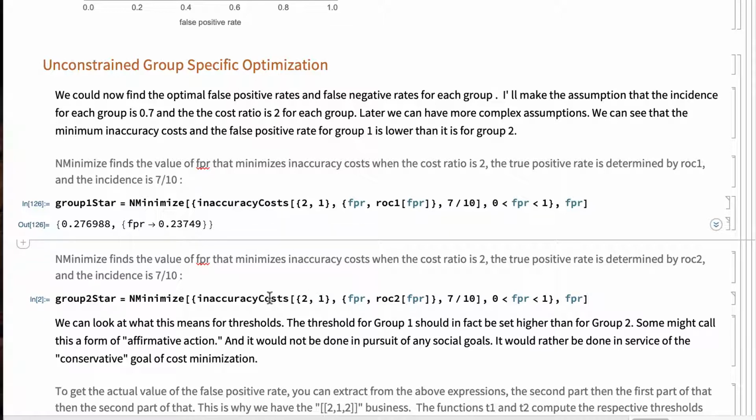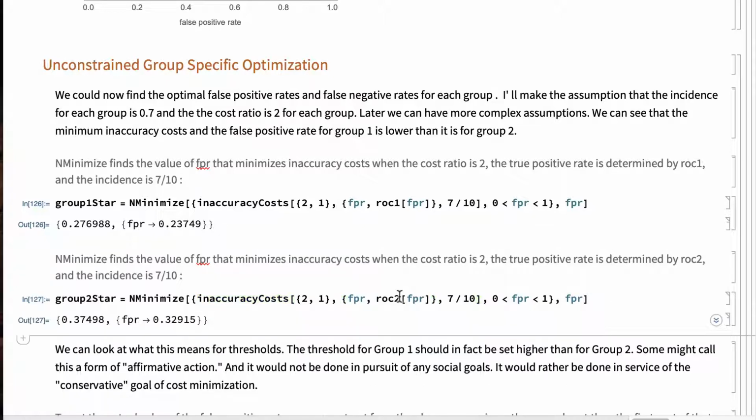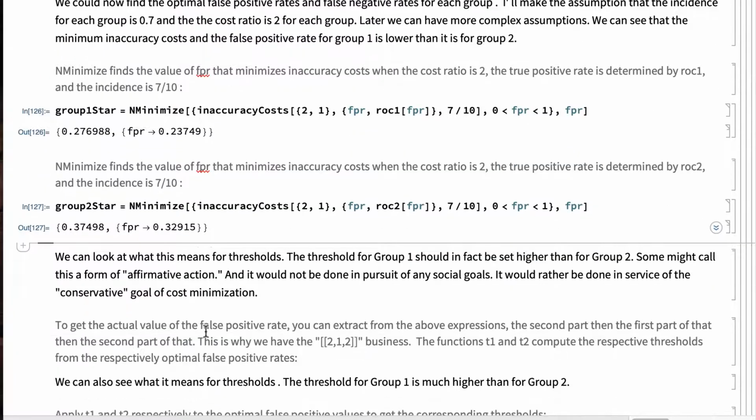Well, let's do the same thing for group 2. Everything's the same, except we're just using the ROC curve for group 2. And we find that does make a difference: now the optimal false positive rate is higher, 0.329. So what does this tell us for thresholds?